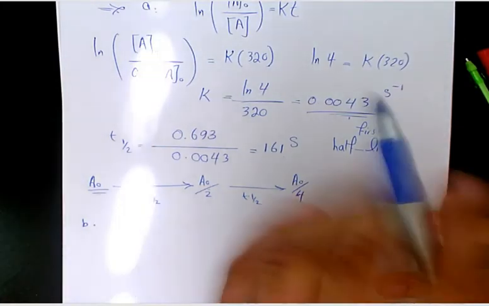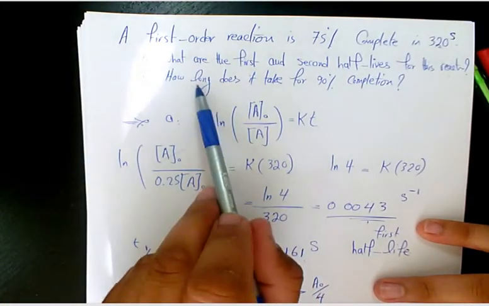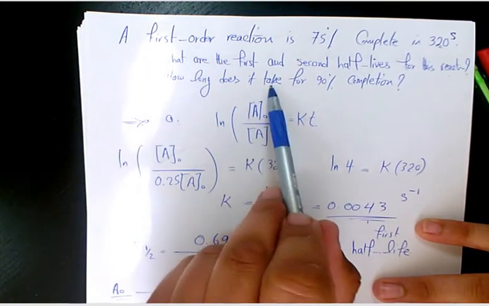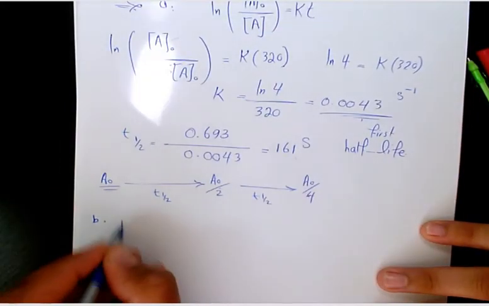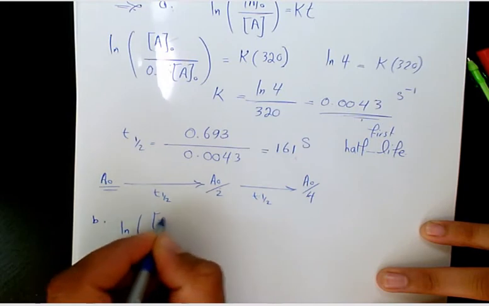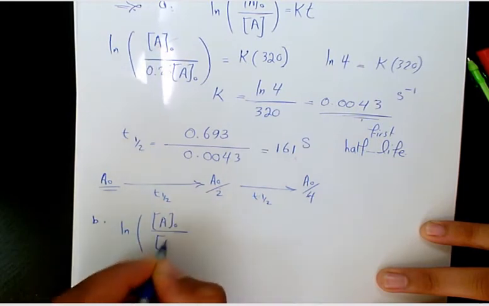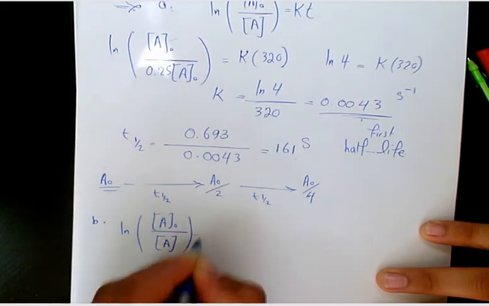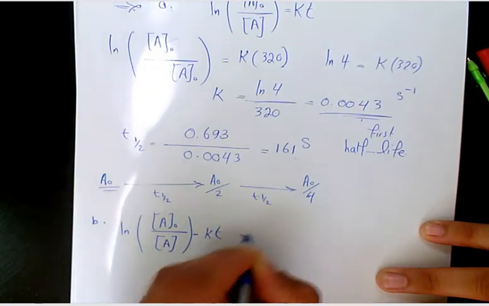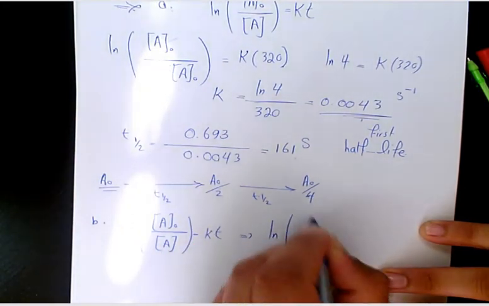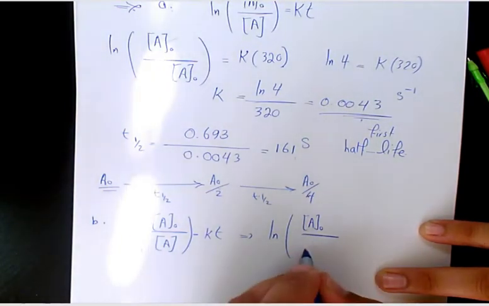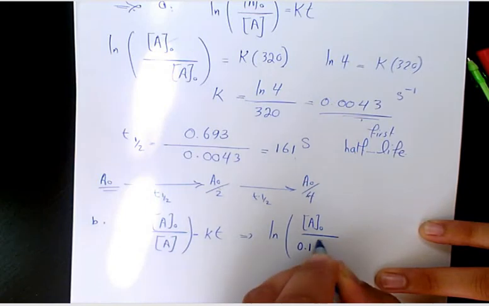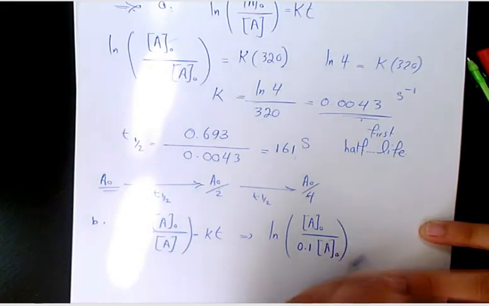Now let's do the second part. It says, how long does it take for 90% completion? So again we write this formula, ln A naught over A equals kt. The final concentration is going to be 0.1, or 10% of the initial one.